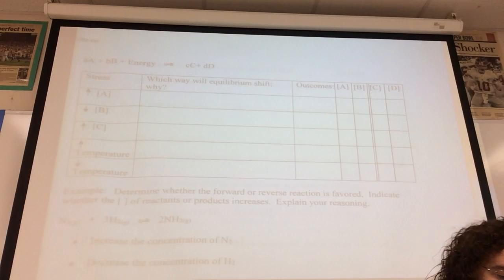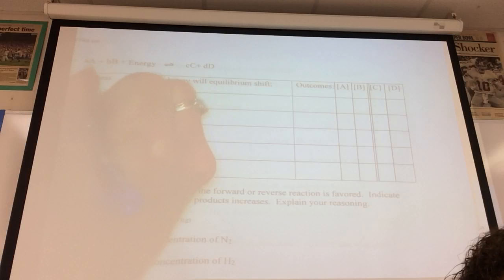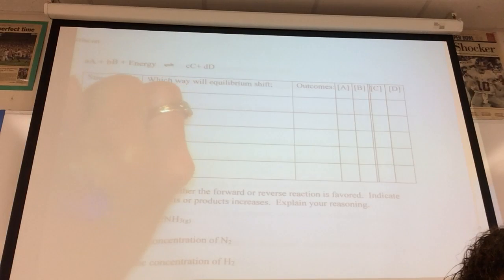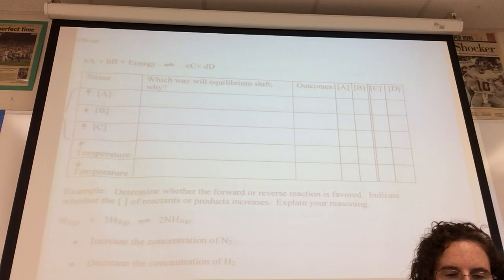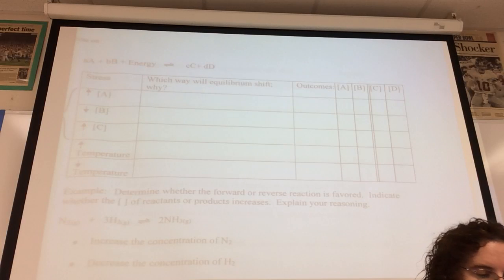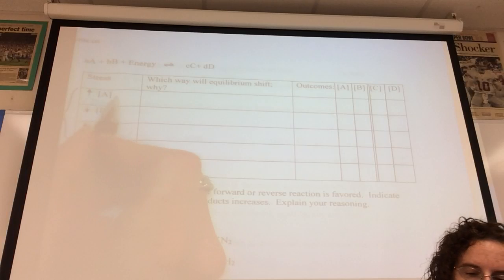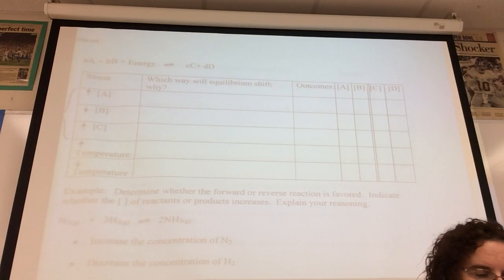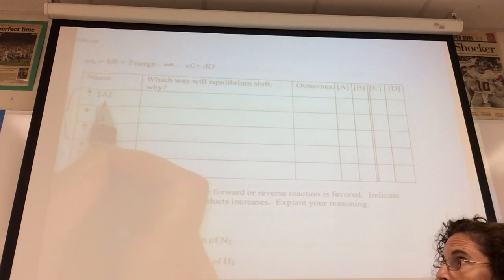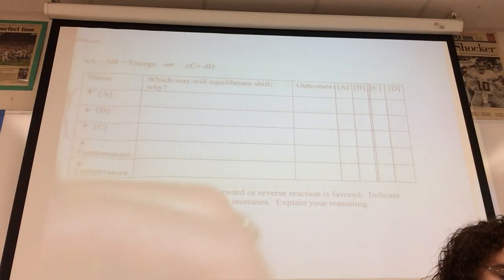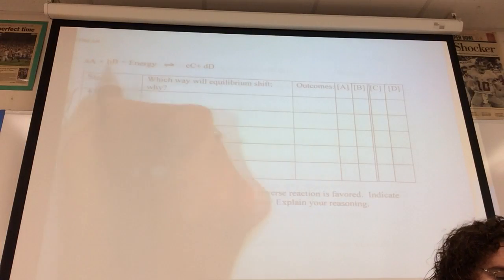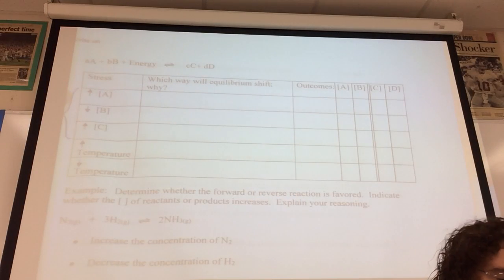What we're initially going to do is look at the stress of concentration. If I increase the concentration of A, I'm adding more of substance A to this system that's at equilibrium.